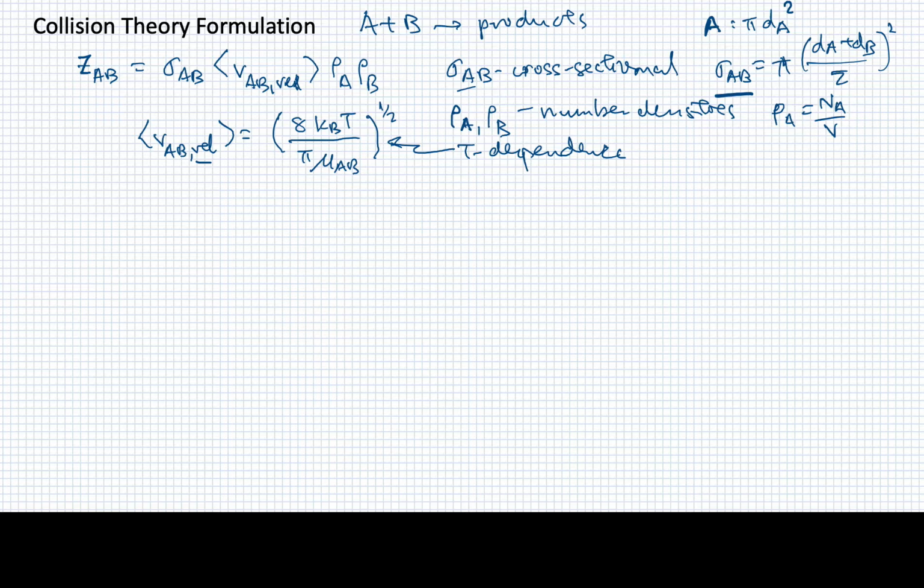Now, one of the things I'd like to do is pause for just a moment and make sure that these factors make sense. Okay, so what we're basically saying is that collision frequency is going to depend on these factors, and it will be larger if the cross-sectional area is larger.